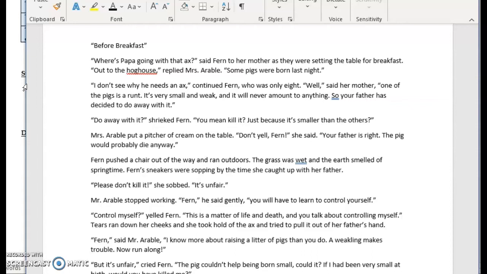"Fern," he said gently, "you will have to learn to control yourself." "Control myself?" yelled Fern. "This is a matter of life and death, and you talk about controlling myself?" Tears ran down her cheeks, and she took hold of the axe and tried to pull it out of her father's hand. "Fern," said Mr. Arable, "I know more about raising a litter of pigs than you do. A weakling makes trouble. Now run along."